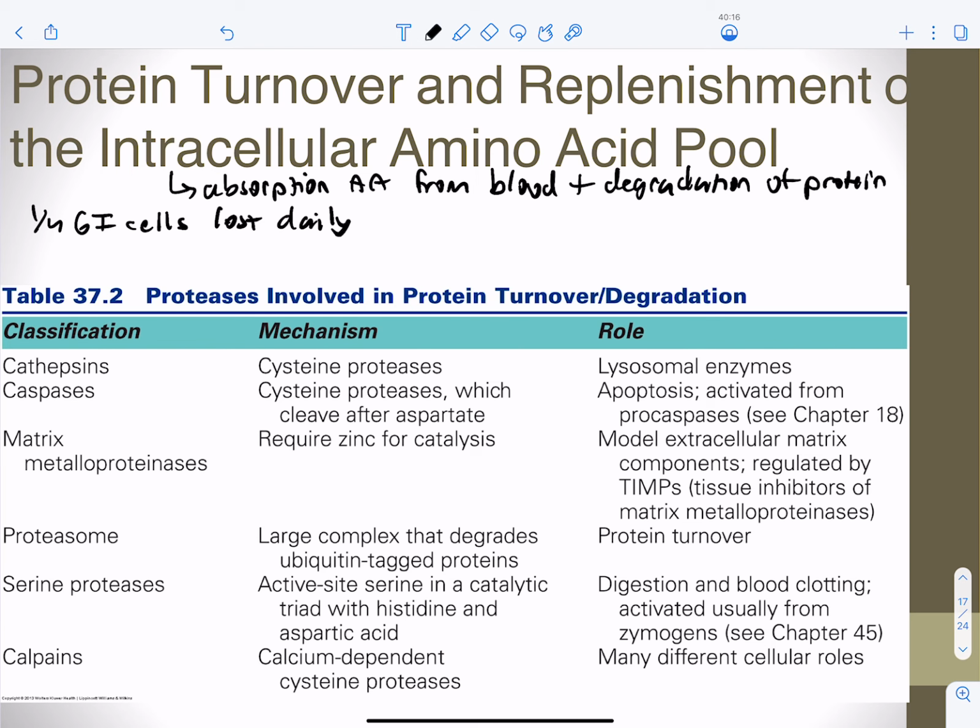And approximately 6% of the protein that enters the digestive tract is actually excreted in the feces. The remainder is going to be recycled.